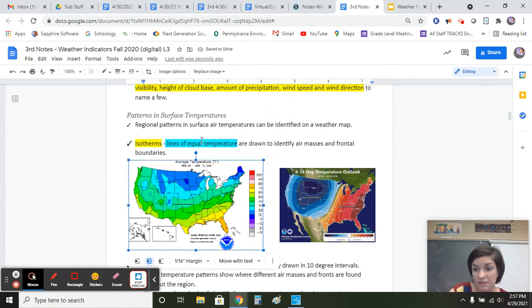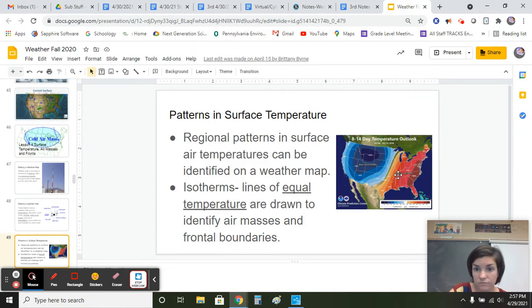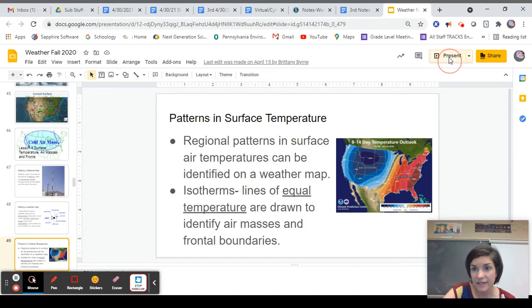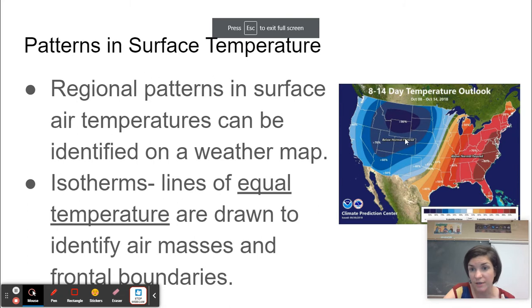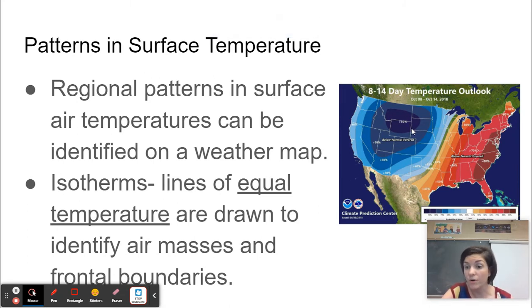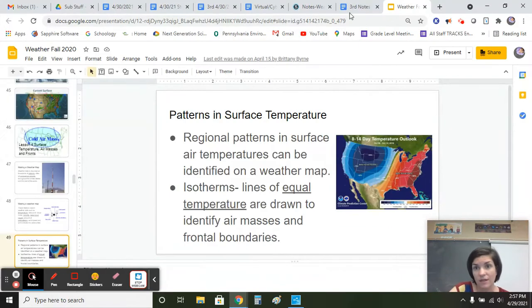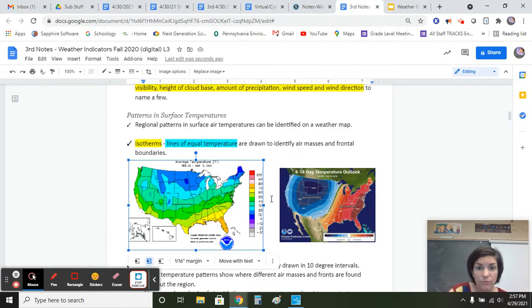So if I look here, this guy right here, which is drawn on your paper, you can see that obviously this is a huge chunk of cold air. This is a huge chunk of warm air, and where they meet and the temperature changes really quickly, that's where a front will be. That's important because usually where you have a cold front or a warm front, you will get storms. And that's something that we want to be able to report to people.